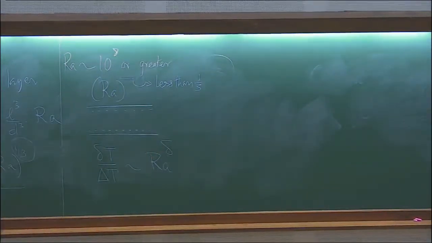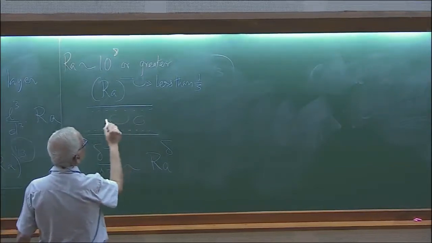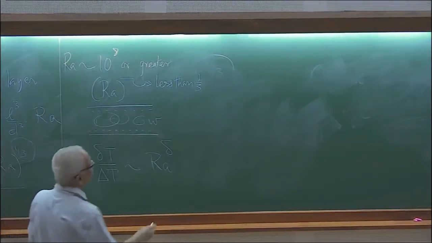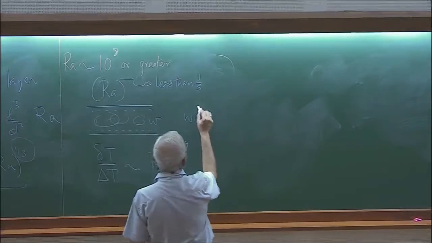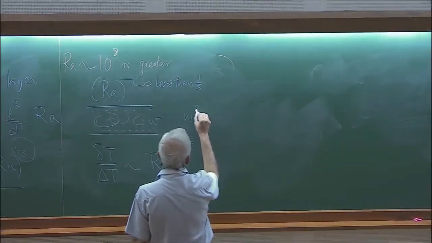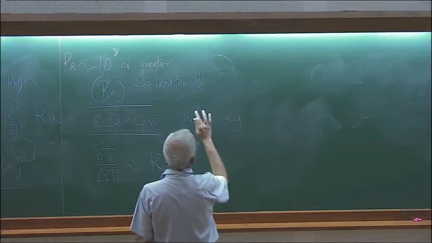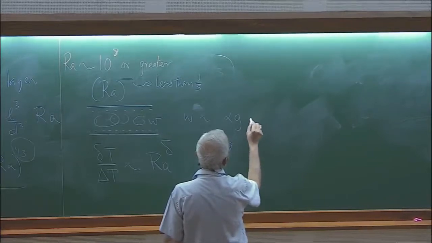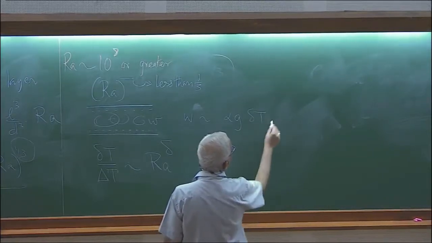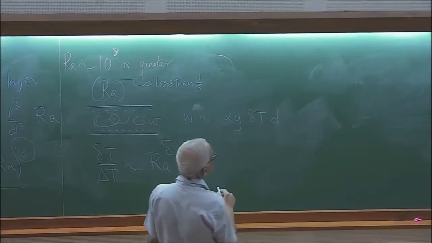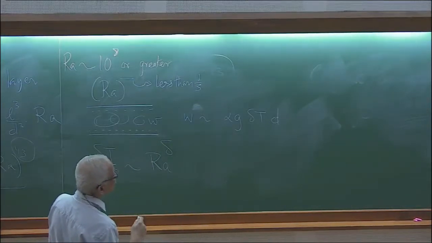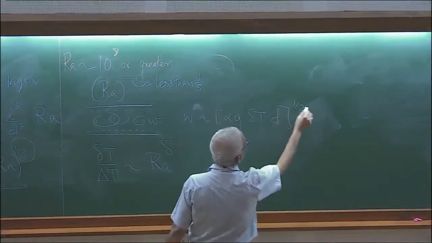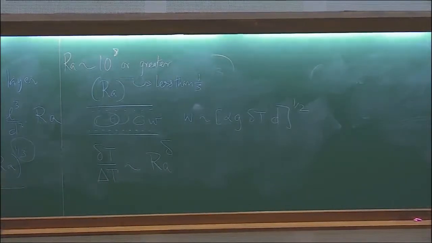These are the boundaryless, and in the middle over here, the velocity scale, if it is some w, then obviously w squared has to go like alpha g delta T times d. So w goes as this to the power 1/2. So that's the scale for w.